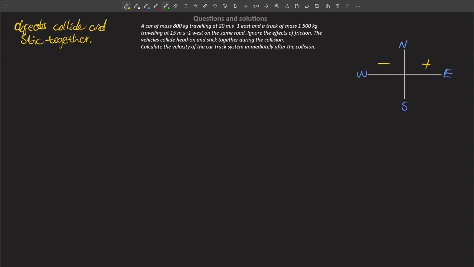The question reads: a car of mass 800 kilograms traveling at 20 meters per second east, and a truck of mass 1500 kilograms traveling at 15 meters per second west on the same road.